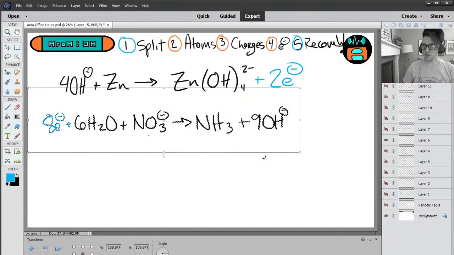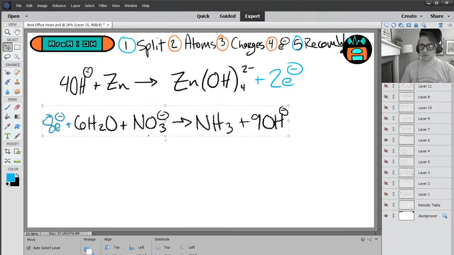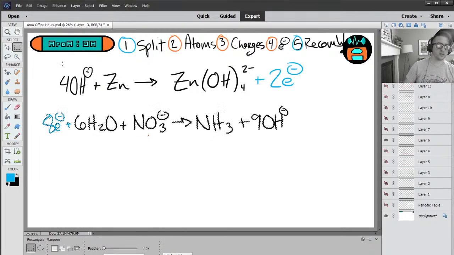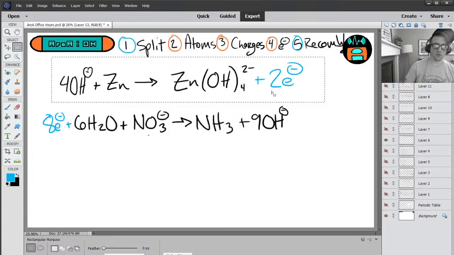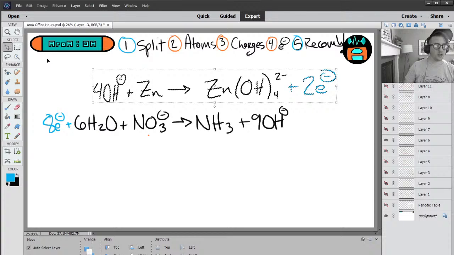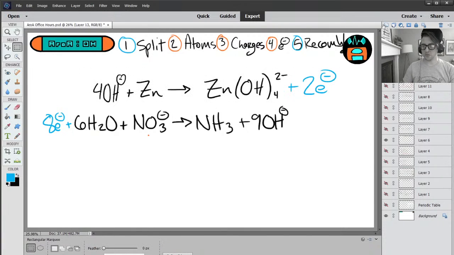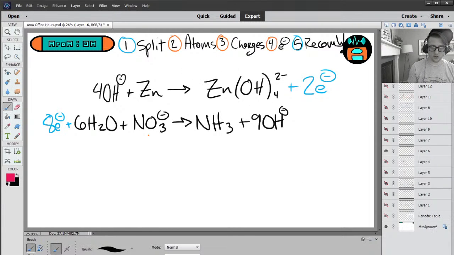So one of the things you'll notice when we compare these two together is the number of electrons we're dealing with here actually kind of works out. Our zinc half reaction is producing 2 electrons.